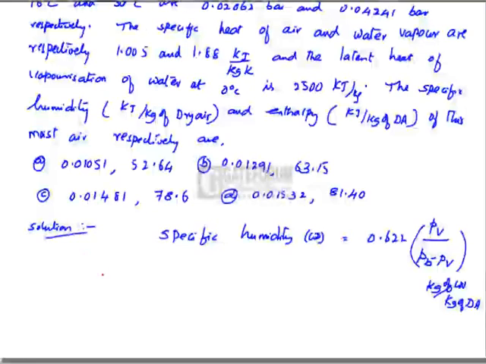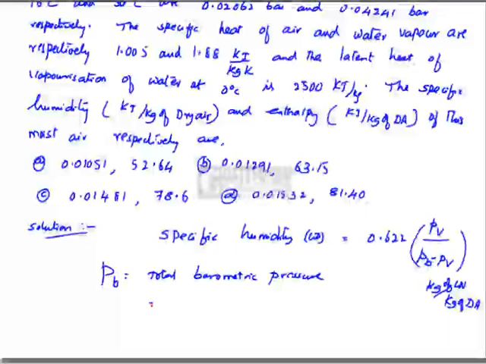Here PB, the total barometric pressure, is equal to 1.013 bar. It is given. What is PV?